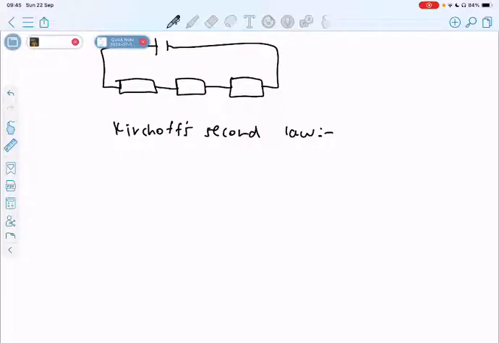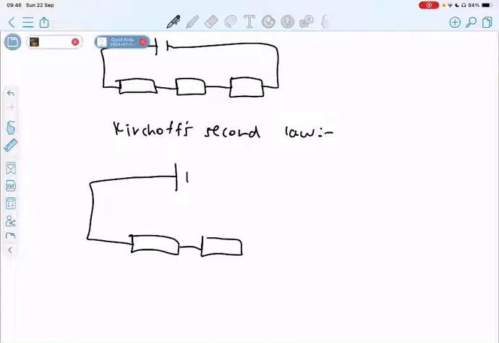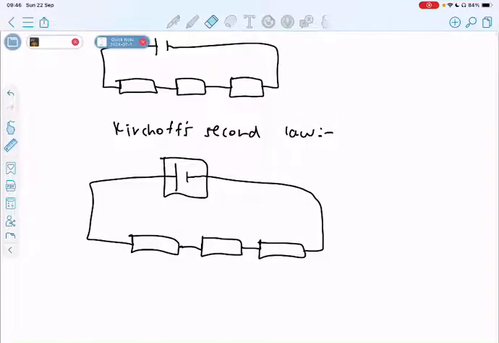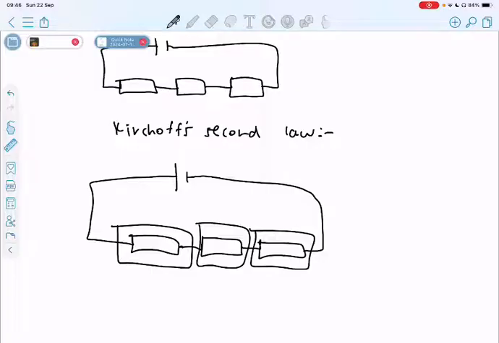What do we mean by this? What we mean is when you have a circuit in series like above, let me just draw it again here. The potential difference of the battery is a sum of the potential difference of each of the 3 resistors in series.